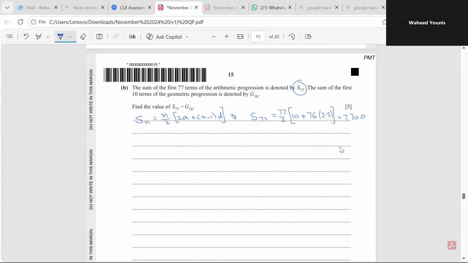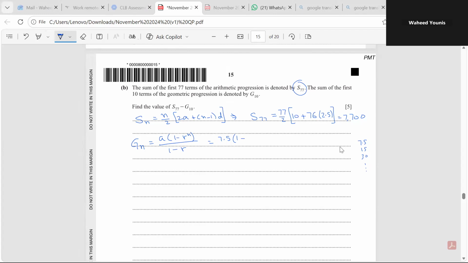In the same way, the sum of a geometric progression of n terms is a times 1 minus r to the power n over 1 minus r. So a in our case is 7.5. Remember, for the geometric progression, we have 7.5, 15, 30, and so on. The first term is 7.5.